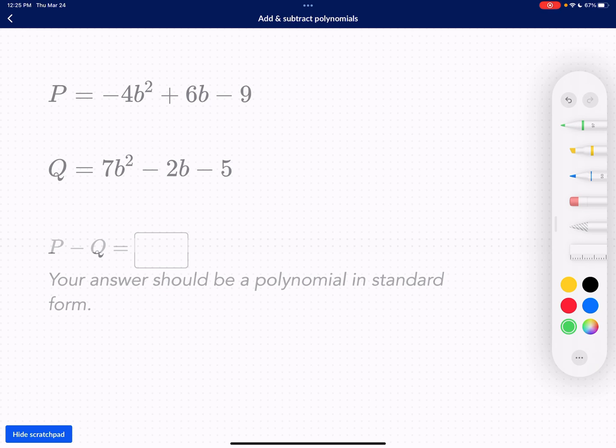So for our actual problem right here, we have P is equal to that stuff, Q is equal to that stuff, and I want to find P minus Q. So I'm going to write P in red, P minus, and I'm going to write Q in blue, just so you know where everything's coming from. So instead of writing P, I can write what P is equal to.